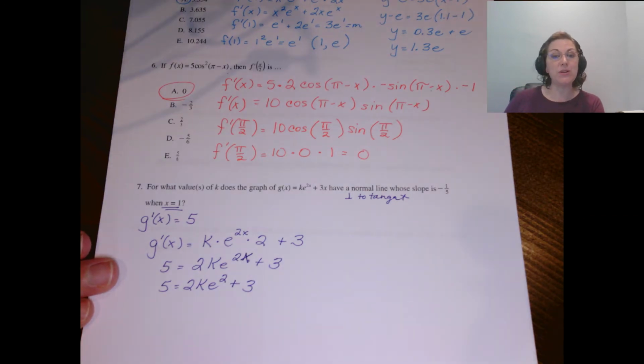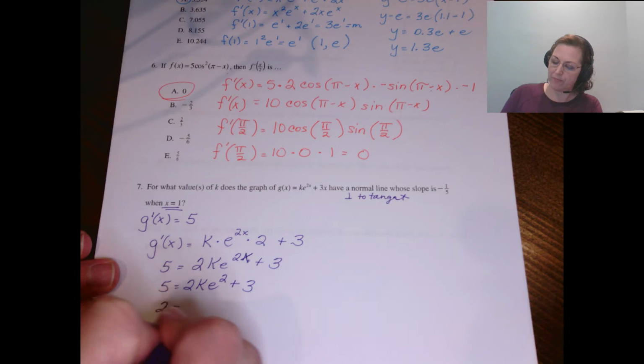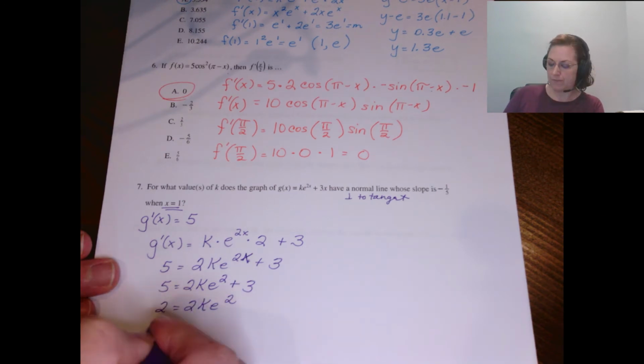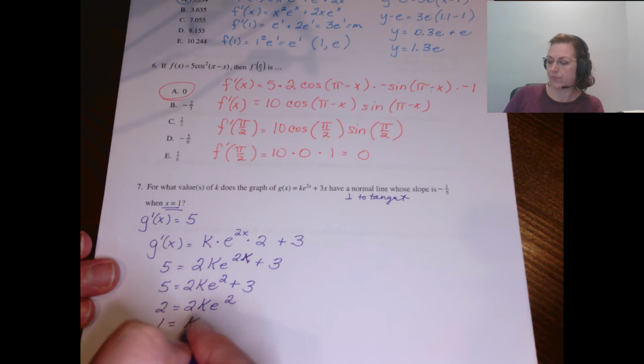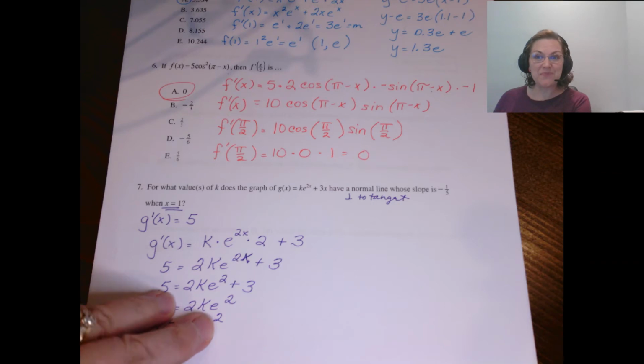And now all we do is solve for k, right? So I'm going to move the 3 over. I'll divide by 2. And then I'm going to divide by e to the second. And I'm going to leave it like that. Now, if it's a calculator part and you want to put it in your calculator and get a decimal, totally fine with that. But you don't have to. All right, we're about halfway there.